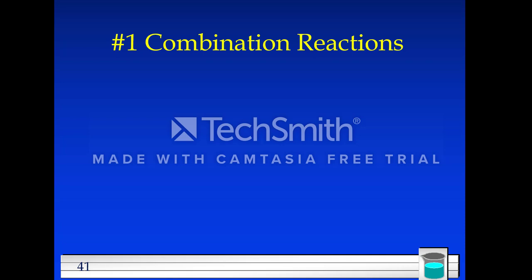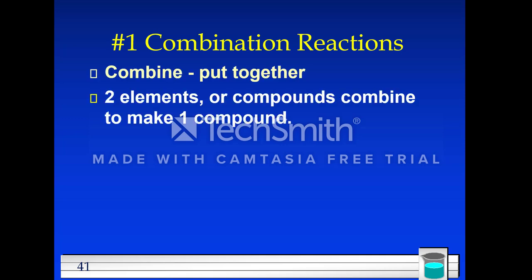What would you do? What would your picture look like? Somebody asked you to show a picture that showed combining. What would it show? Taking separate things and putting them together, right? That's what the combination reaction is. Taking separate things and putting them together. So you're going to start off with 2 things and end up with 1.